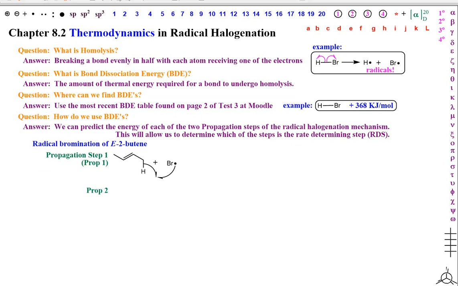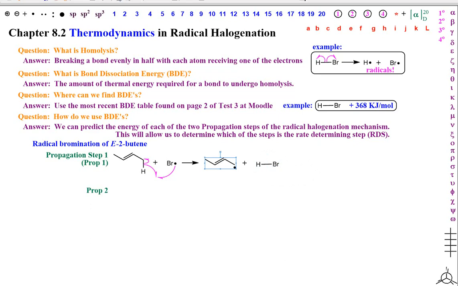I'll show right here. These hooks here show a bond forming between H and Br, each hook providing 1 electron for the bond. This third hook here shows the formation of the allylic radical as indicated here. Here's the new bond between H and Br, and here's the allylic radical.